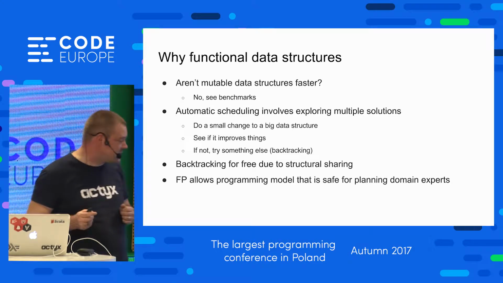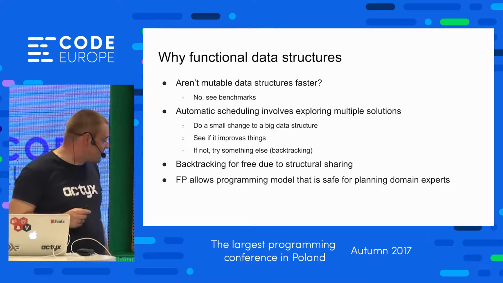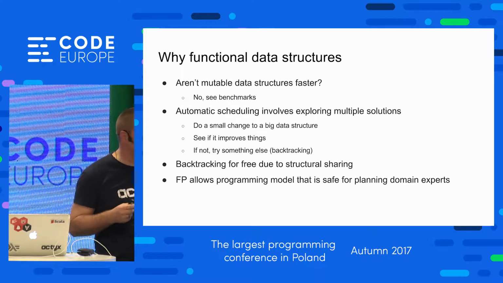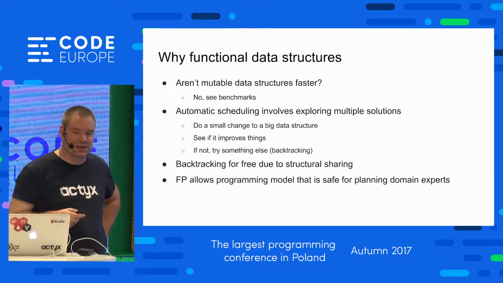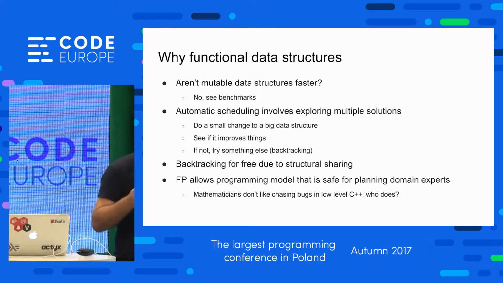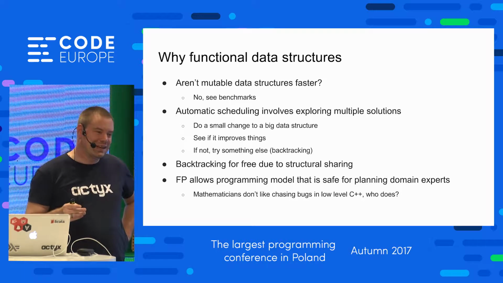And that's another thing which is probably even more important than all the developer advantages that we like. Functional programming allows a programming model that is safe for planning domain experts. So the planning domain experts are mathematicians, basically. And what they really don't want to do is chase memory holes or pointers in C++ applications.